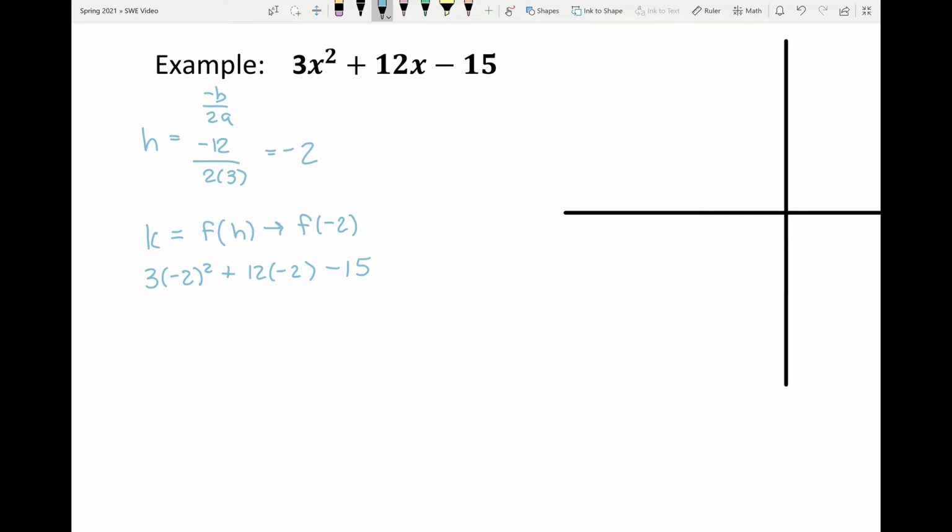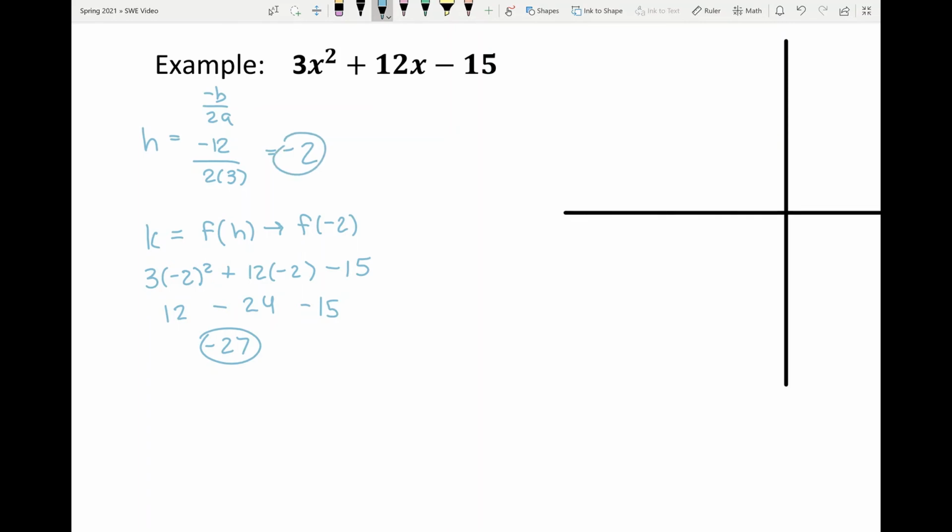Now this turns into 12 right here, minus 24 minus 15, which simplifies to negative 27. So now we have our H and our K values.